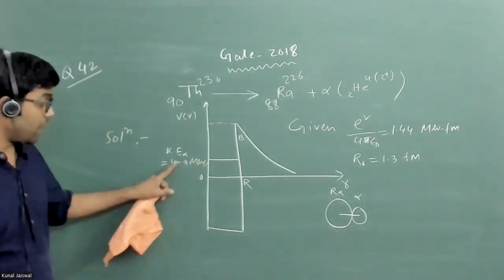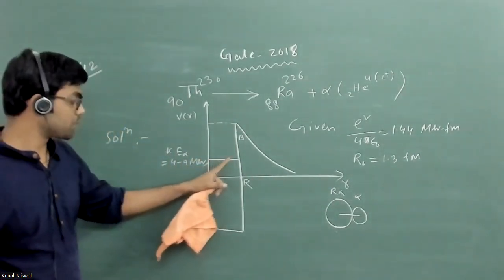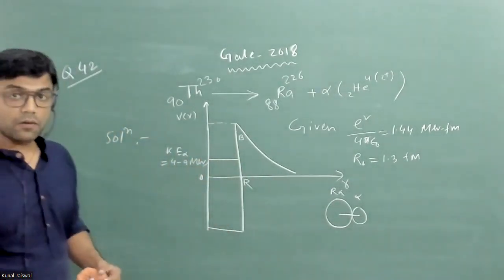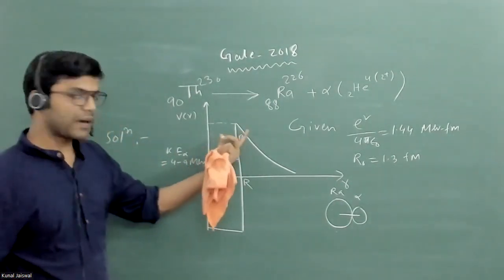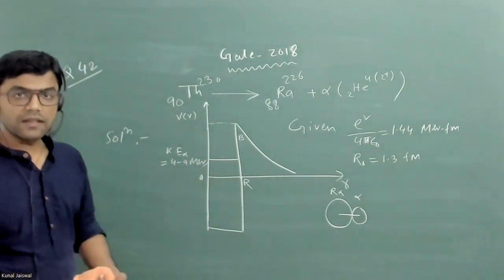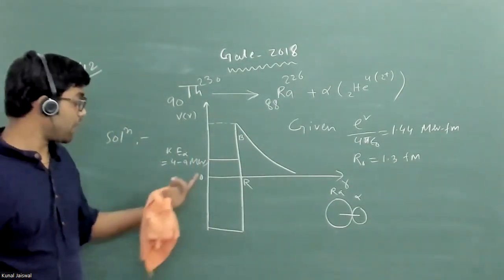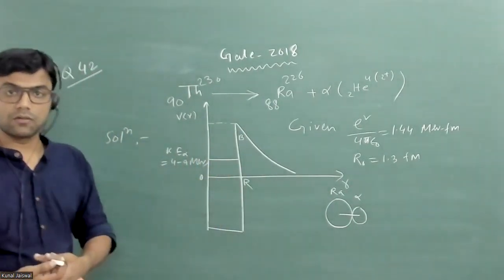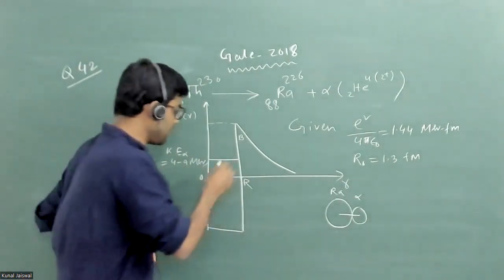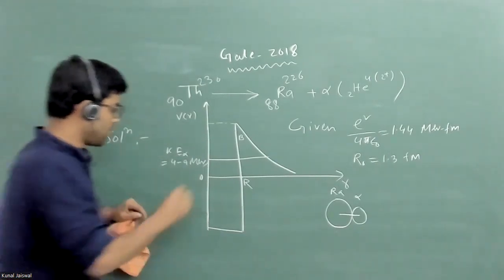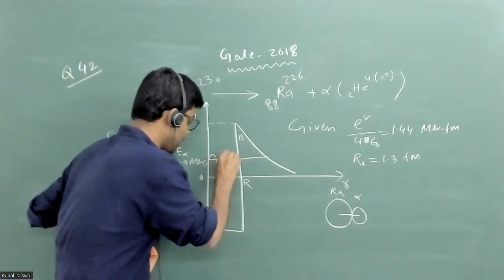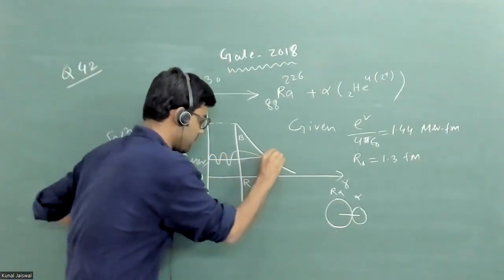So classically the alpha particle cannot tunnel through this barrier, but quantum mechanically, if the energy of the particle is less than the barrier height, there is still a certain probability that this quantum particle can tunnel through the barrier, because of the wave nature of particles. So a wave can tunnel through a barrier.